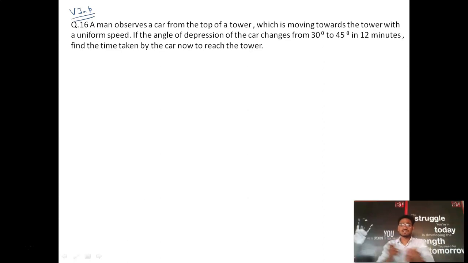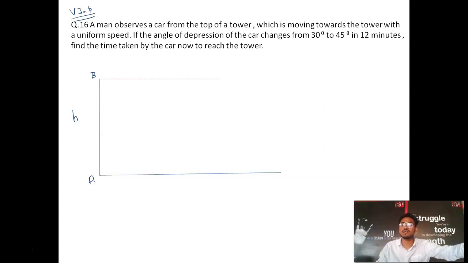Let's have the figure. Suppose this denotes the tower, which is h meters high. We can assume the height of the tower as h meters. Now suppose this is the horizontal level passing through the foot of the tower, and this is the horizontal level passing through the top of the tower, because the angle of depression is formed.